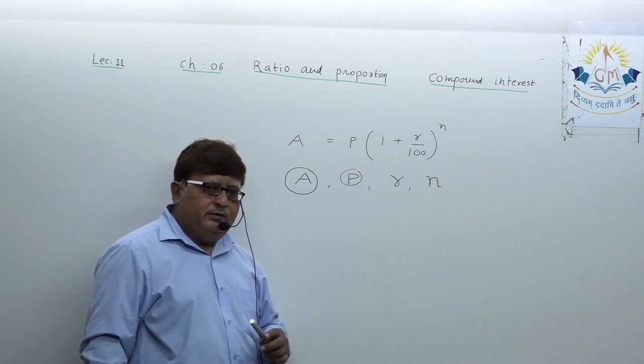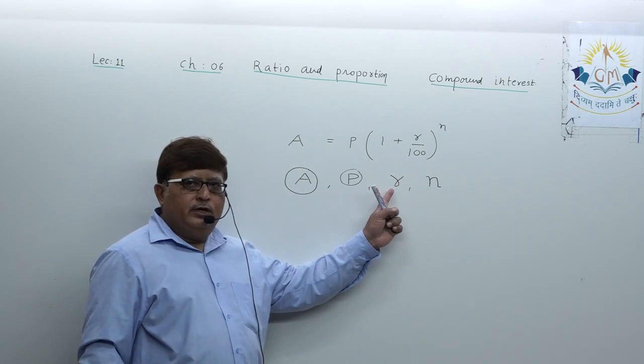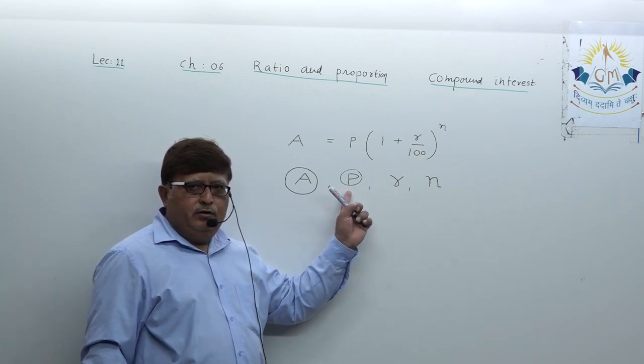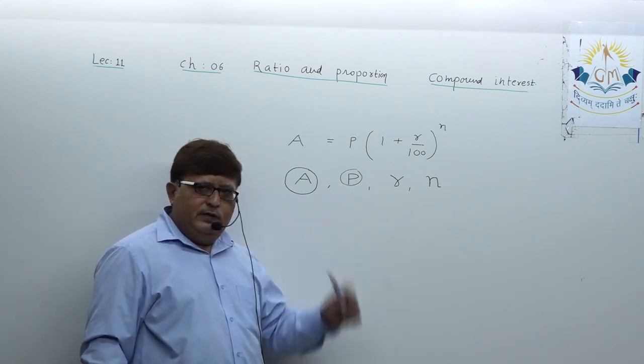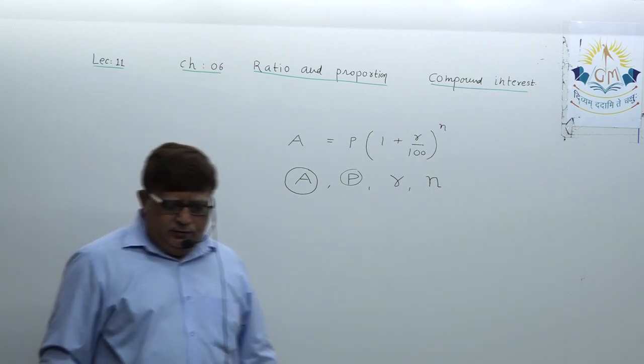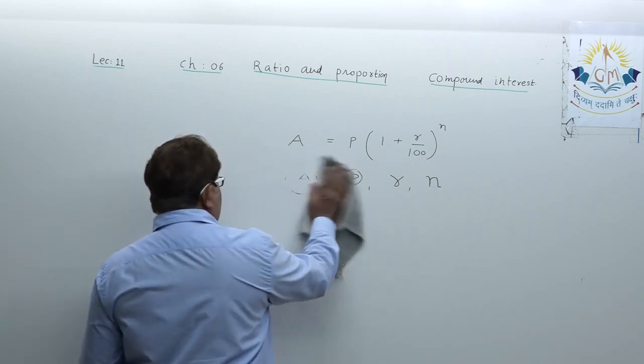But make one thing very clear in your mind. If you want to find any one variable, you need to have the knowledge of the rest of the three. That is fixed. Such examples we are now targeting.